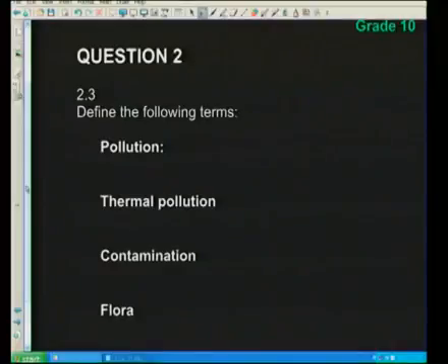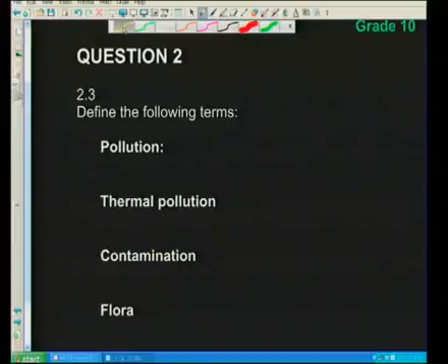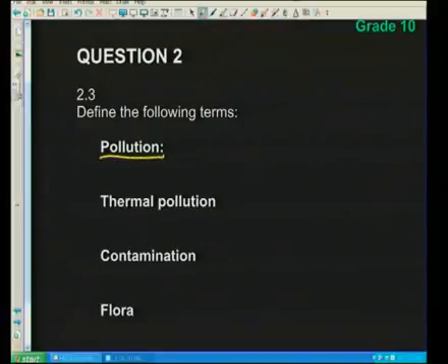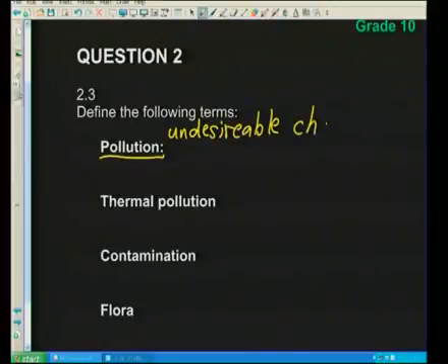So let's look at the first term, pollution. All right, let's look at pollution. Now, what is pollution? Remember we said pollution is caused by humans. So if I have to give a definition, I'm going to say it's an undesirable change.